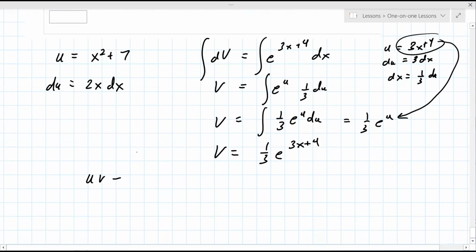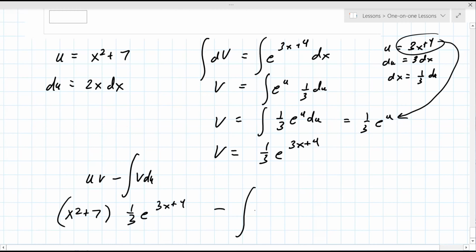So you have all the pieces you need. You need uv minus the integral of v du. u is up here, v is here, du is here. So you have x squared plus 7 times 1/3 e to the 3x plus 4 minus the integral of v du. So we got 1/3 e to the 3x plus 4 times 2x dx.